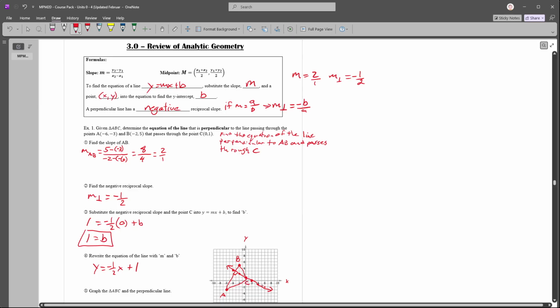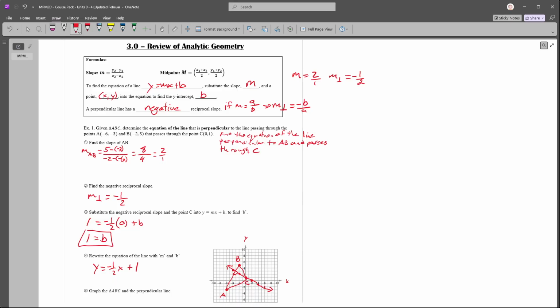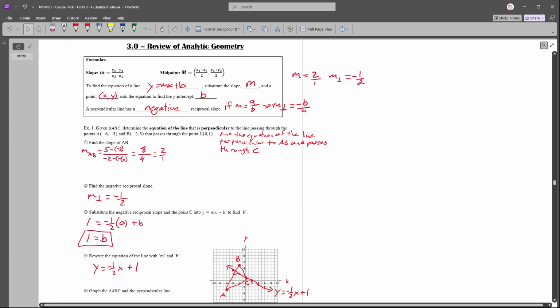We've also drawn our line and shown that it is a right angle, so we know that it's perpendicular to AB, and we want to label the line itself. So this one was y is equal to negative 1/2 x plus 1. That is a fully labeled graph, and that's the expectation we would see on your stuff as well, except with a much better version of lines, because you are absolutely going to use a ruler as opposed to me.